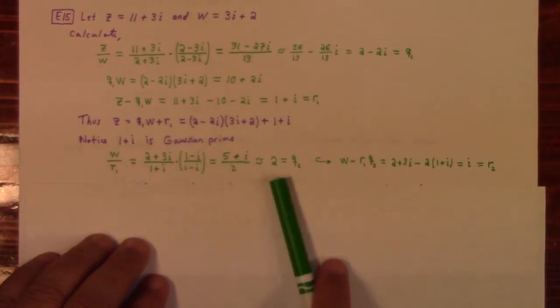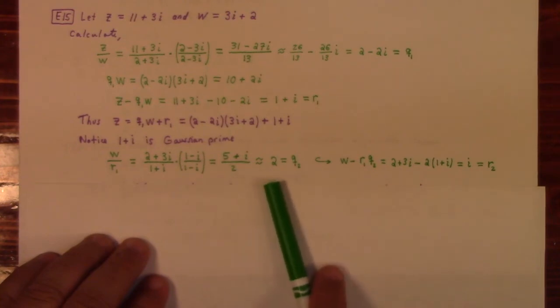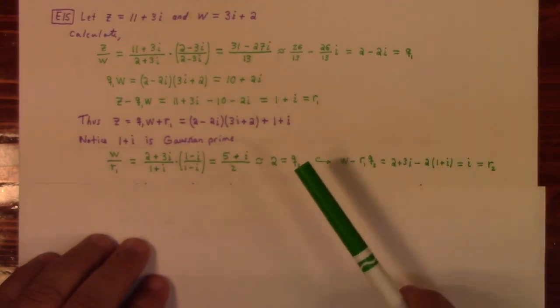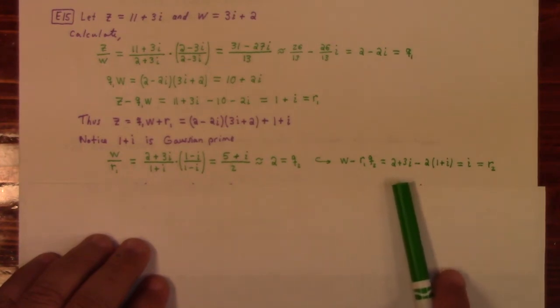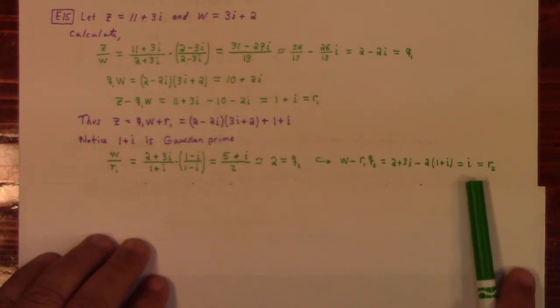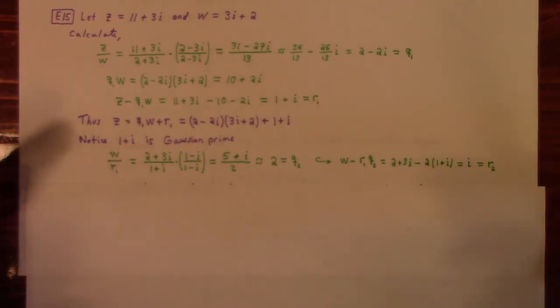This is approximately 2, because it is 2.5 plus 0.5 times i, so it's close to 2. Then I take w minus r1 q2, which in this case gives me back i. Once the remainder is a unit, the next step would take you to 0. We don't ever care about that last step.